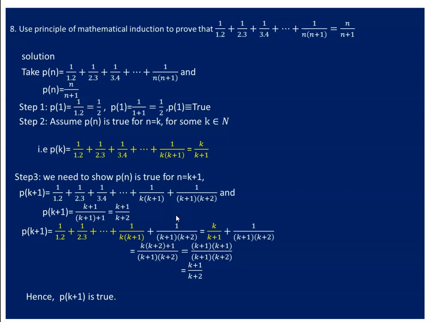And in the last step, step 3, we need to show that it holds true for n equals k plus 1. Here we showed, hence P of k plus 1 is true. Thus, by the principle of mathematical induction, because it is a principle that says so, we can say that the statement written over here is a true statement.